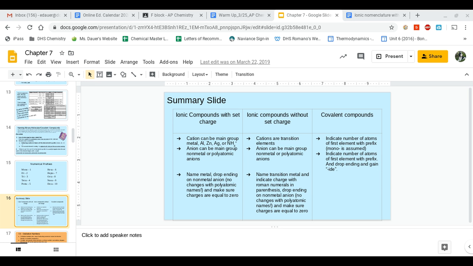It is particular that you tell your reader about that, because the law of multiple proportions states that, particularly with covalent compounds, because all they need is an octet, they can do that in many different ways, depending on the combination of atoms that are in some substance. You just have to convey to your reader how many atoms you have. We'll see some more examples with that, but on today's practice problems, I think we are just looking at ionic with a set charge, and some polyatomic ion practice.